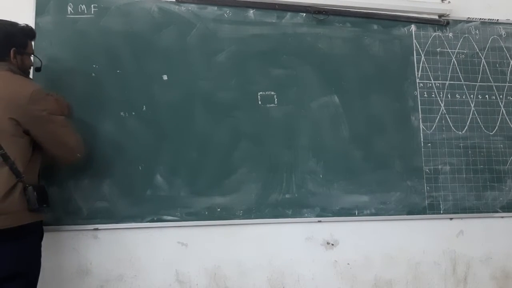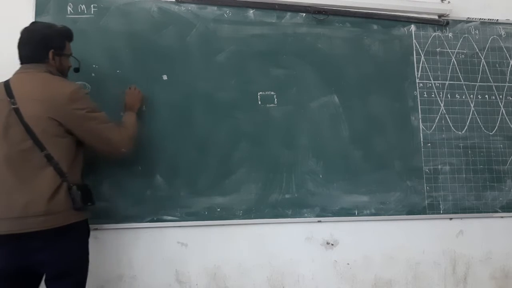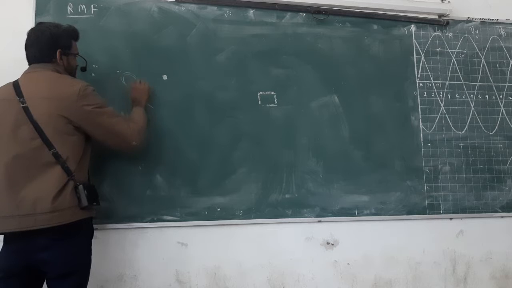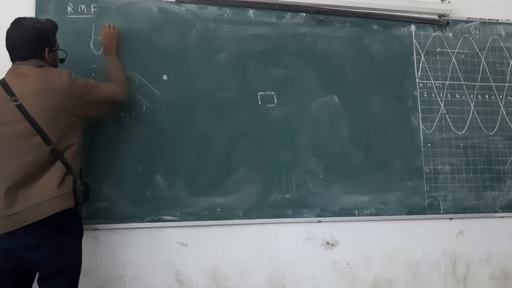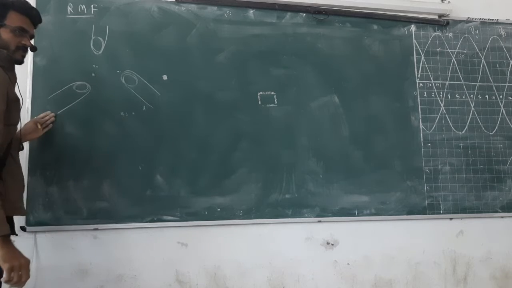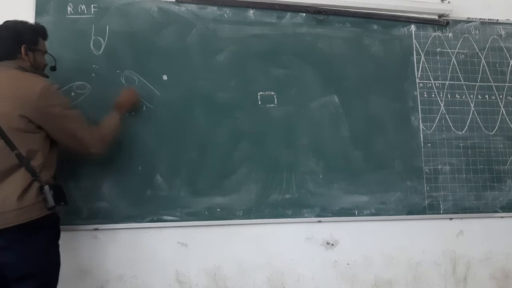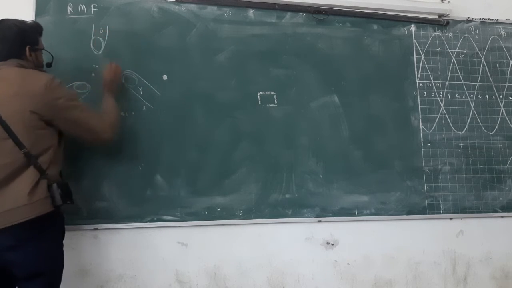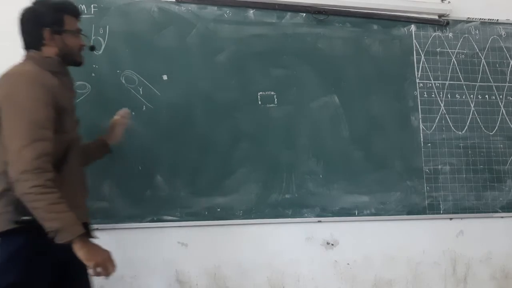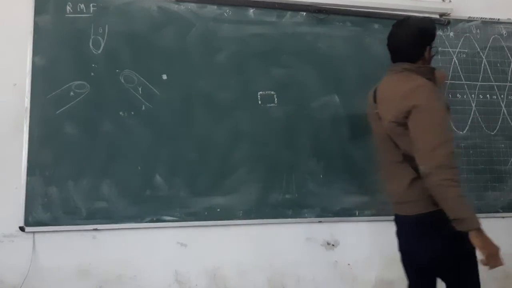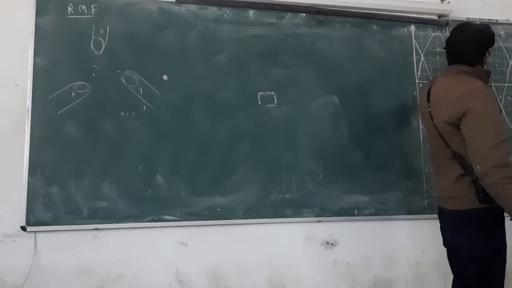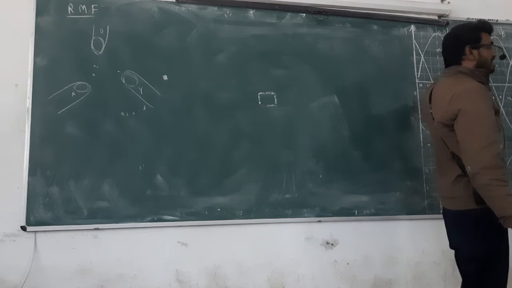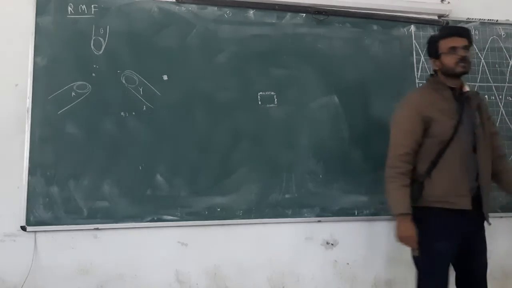If I have here one coil, here a second coil, and here a third coil, these are R, Y, and B. The maximum will come after 120 degrees.